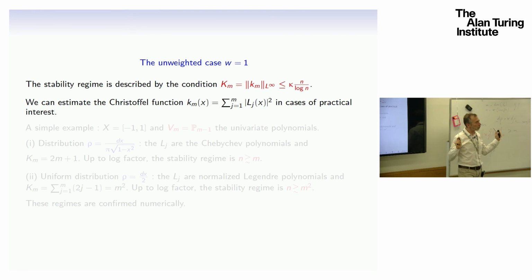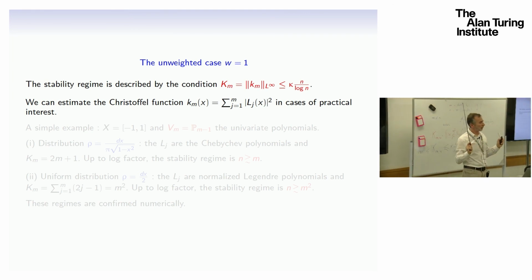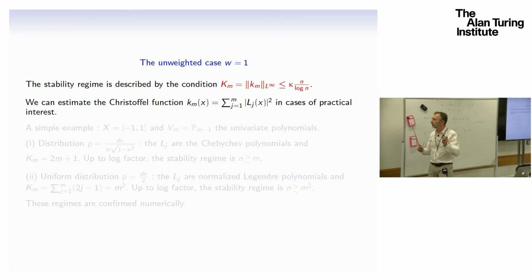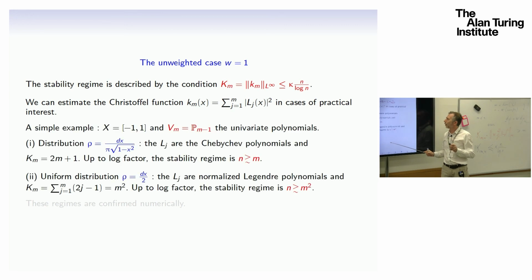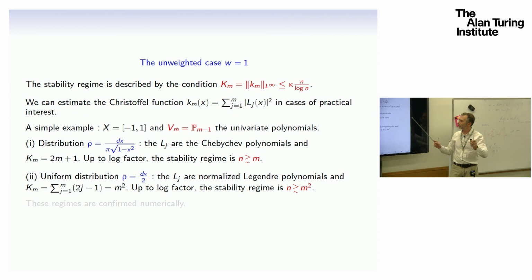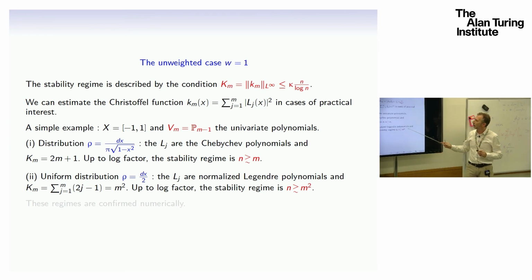And this Christoffel function is an interesting object. It's been studied in many important cases. For example, for polynomials in one dimension, there are interesting results that show that the Christoffel function for Jacobi measure tends to what's called the equilibrium measure as n gets large.